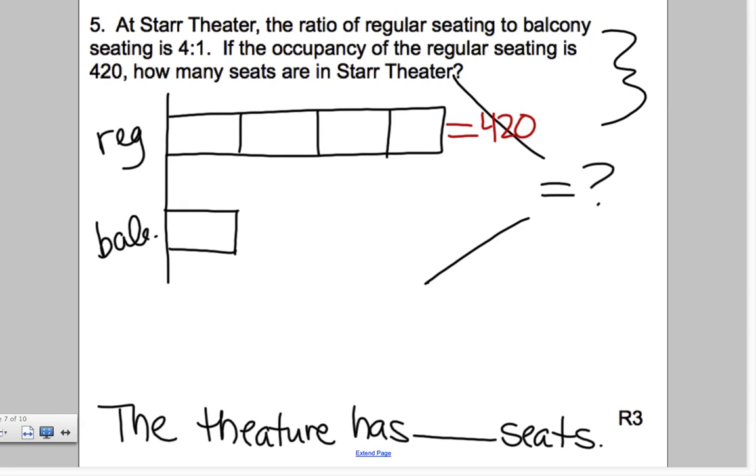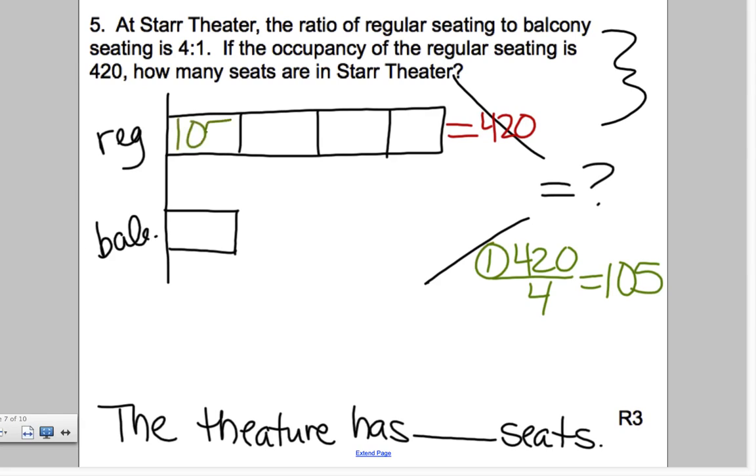105. Okay, 105. And obviously with that 105, what do we do with the 105, Dominic? Do you know where to put the 105? What does that 105 represent? The boxes. Yes, the boxes. Okay, so we're going to put that inside so we can see how much each box represents.